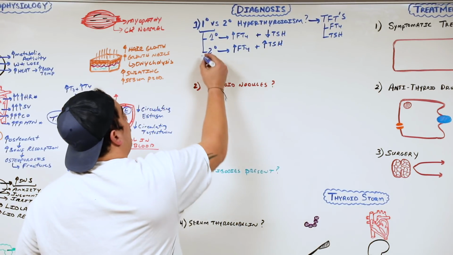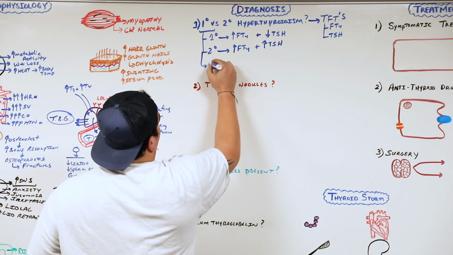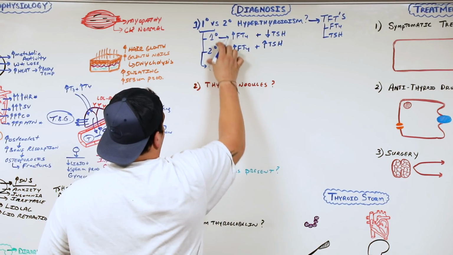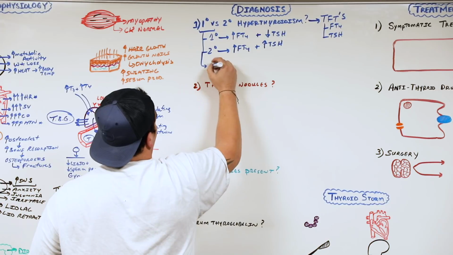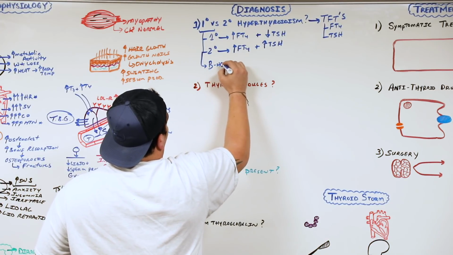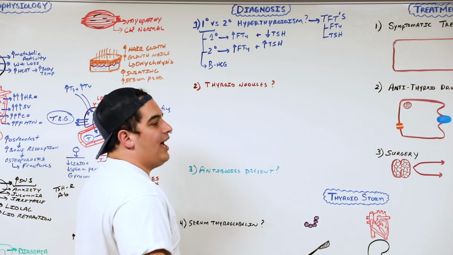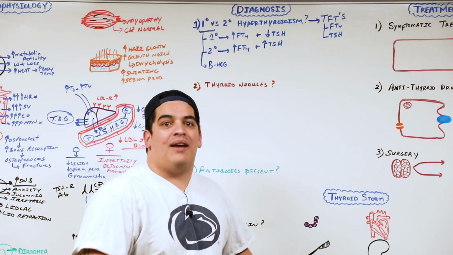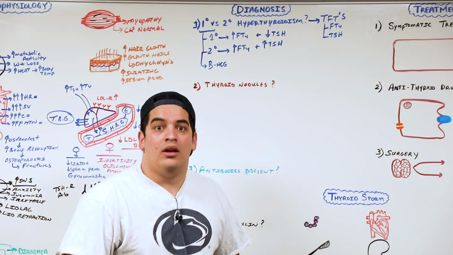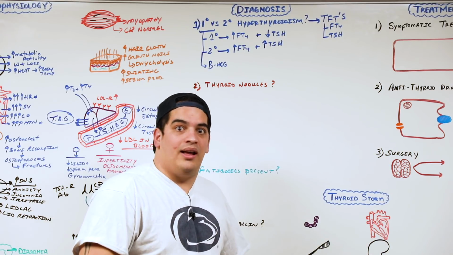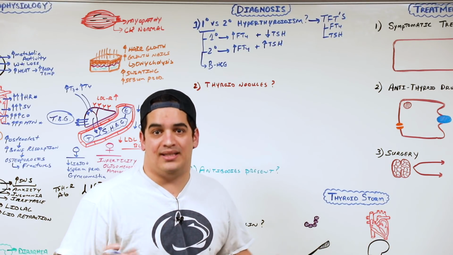But remember, there was one little extra one that I wanted to add in, that beta HCG issue. Let's say that you check. Okay, maybe the patient is coming in with symptoms like maybe they're having uterine bleeding, maybe they're having lower pelvic pain, or they tested positive on their pregnancy test.